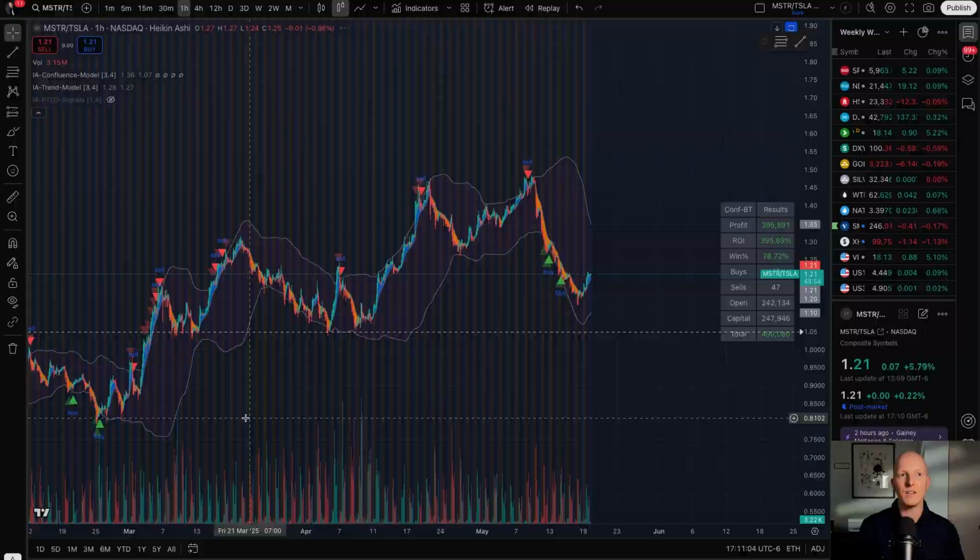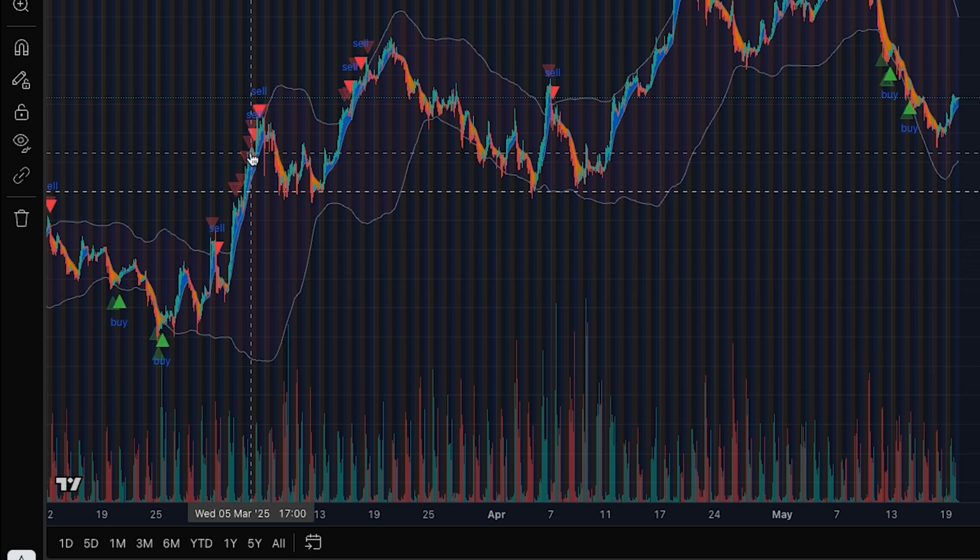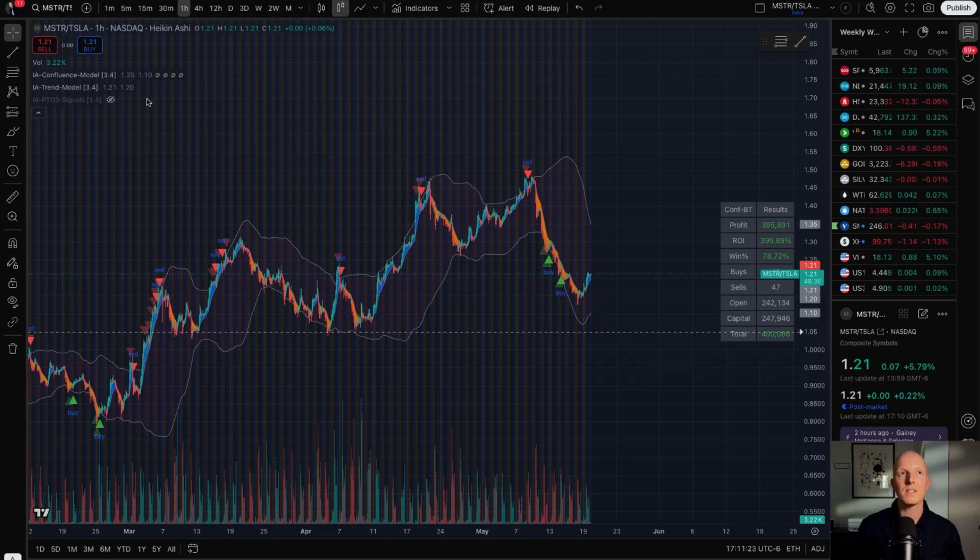If we're down here, then Tesla is more valuable than MicroStrategy, and it's time to sell that Tesla and buy MicroStrategy. So for this setup, I really am just using the confluence model from IADSS, and I have the trend model turned on as well with that blue and orange to identify the trend.